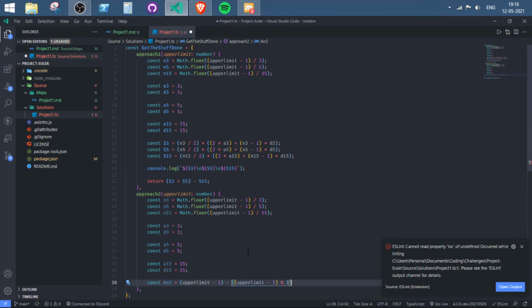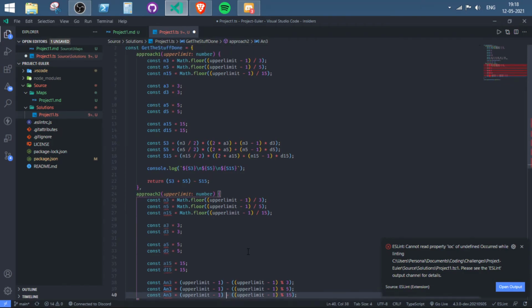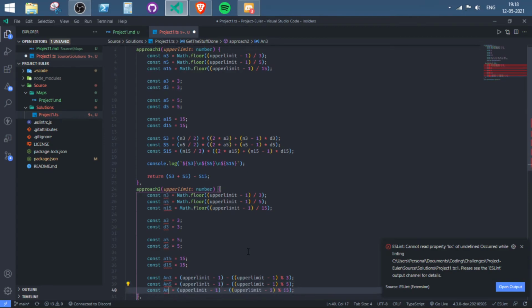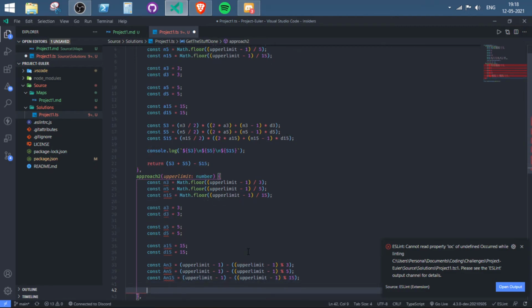So modulo 3, and then I'm gonna paste this, and I'm gonna make this 5 and 15 respectively. Like, it is just the same thing repeated again and again. Now we can just calculate S3 pretty easily.